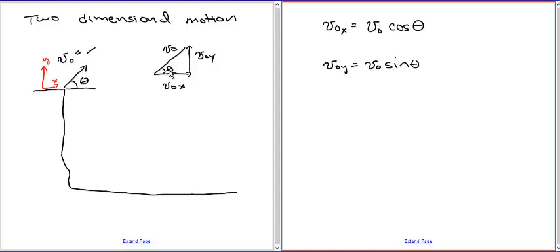Typically theta is some number between 0 and 90 degrees. Then you have the components of the velocity.